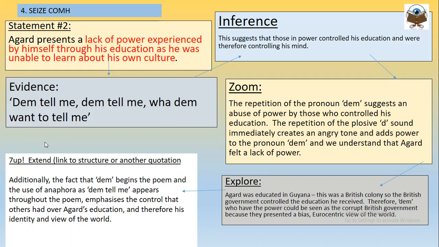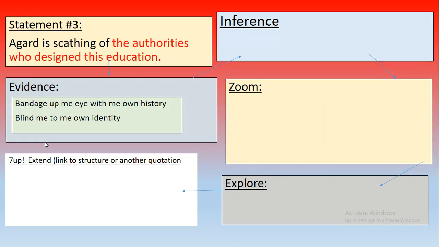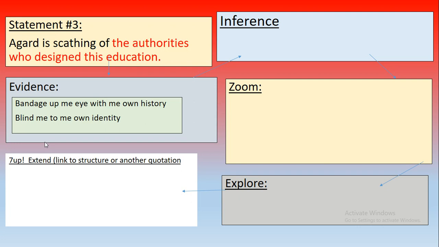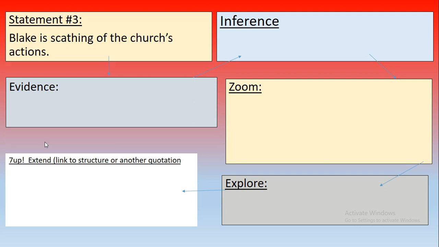And then you would do your final linking statement for that. Other paired statements were these 2. This was statement 3 for Checking Out Me History, and this was statement 3 for London. So you could use those 2 together to write a compare paragraph.